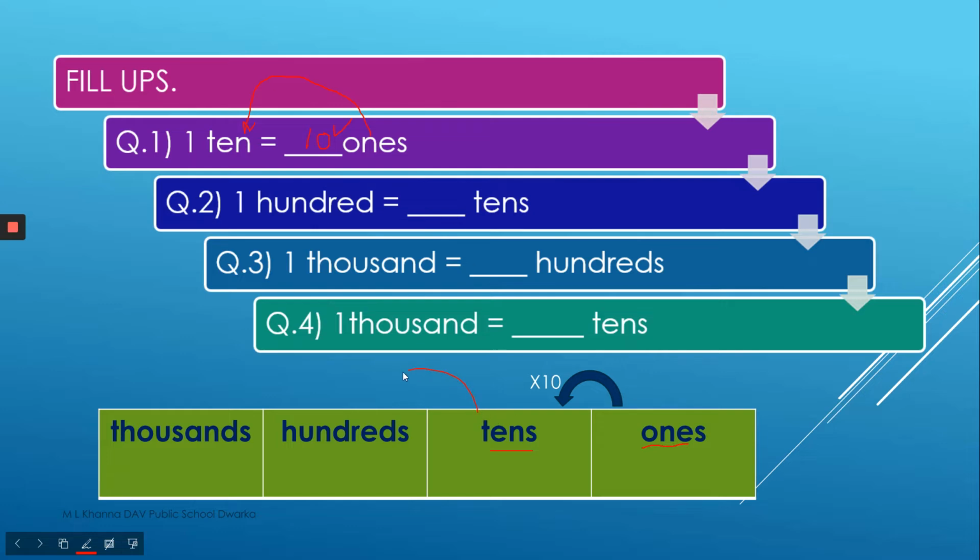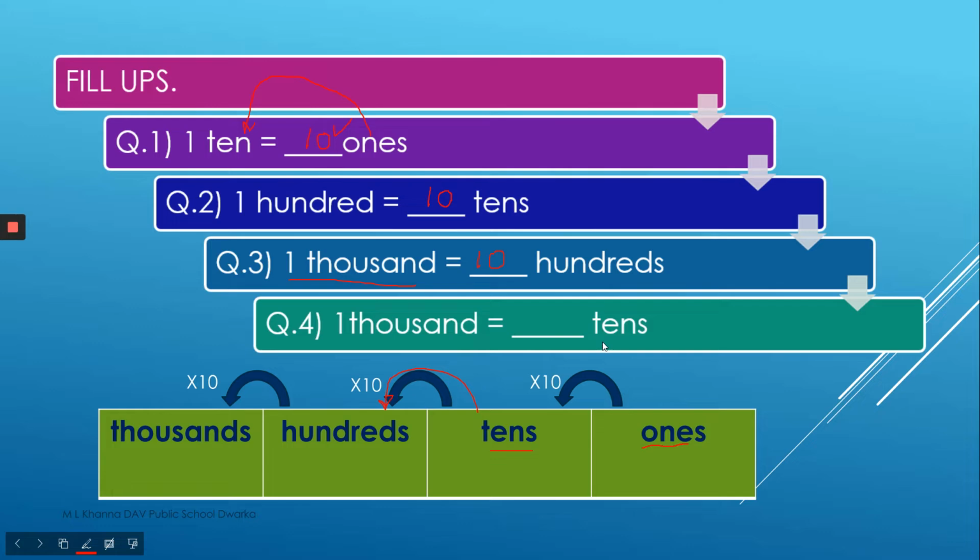When we move from tens to hundreds, we again multiply by 10. So 100 is 10 tens. Now tell me children, when we move from hundreds to thousands, we multiply the hundreds place by, yes, 10. So 1000 is 10 hundreds.